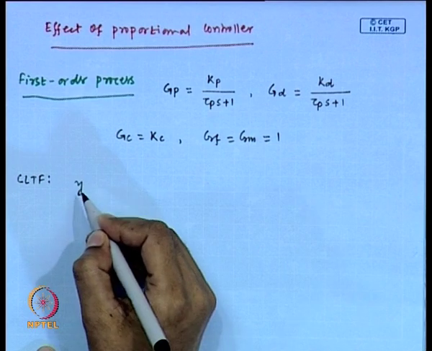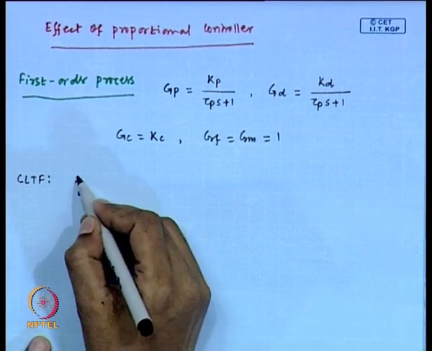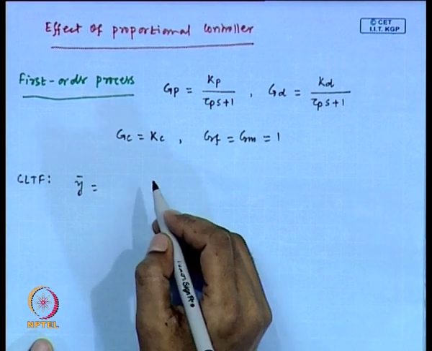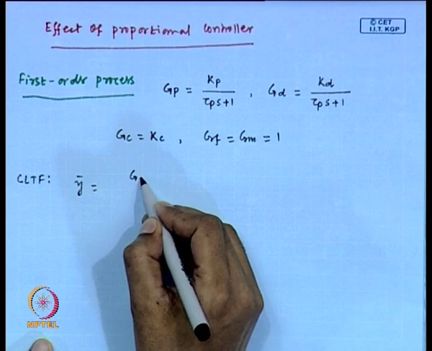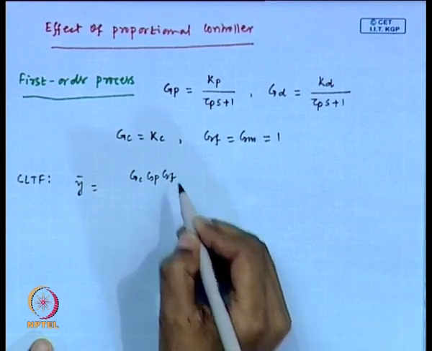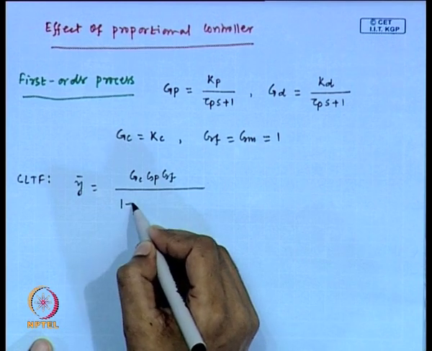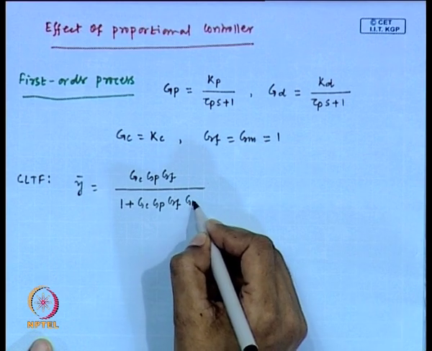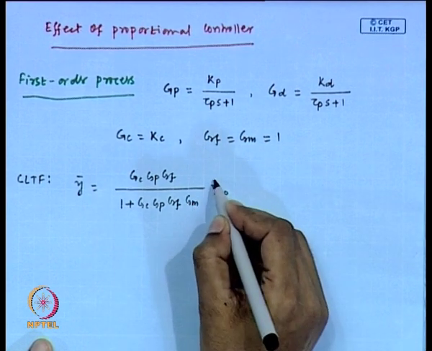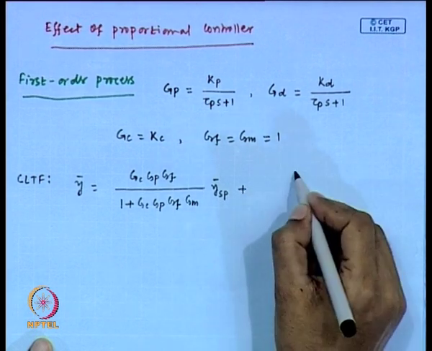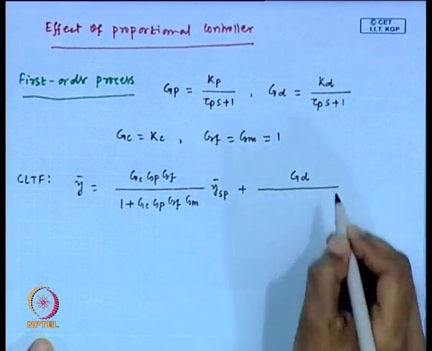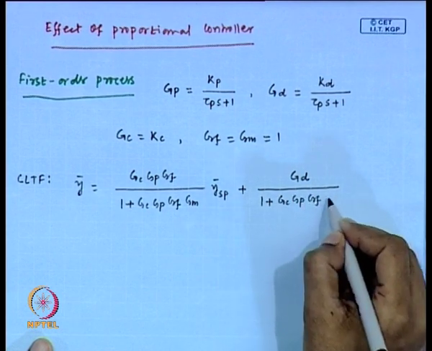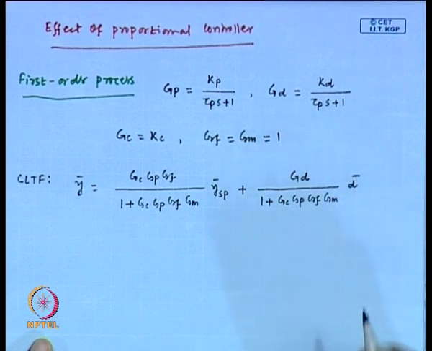So, for that purpose we will start from the general form of closed loop transfer function, which can be written as y bar equals G c G p G f divided by 1 plus G c G p G f G m y set point bar plus G d divided by 1 plus G c G p G f G m d bar.